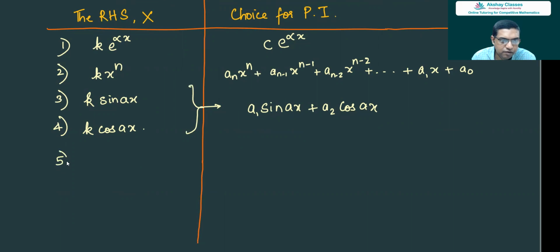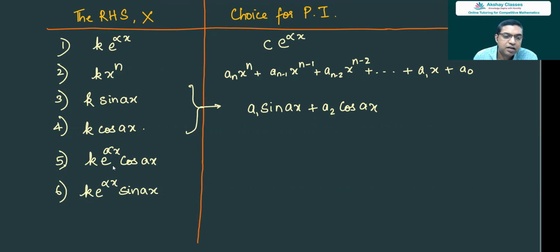Next, if it is k e power alpha x cos ax or k e power alpha x sine ax, so exponential and trigonometric combined. First one was exponential, second one was algebraic, then it was trigonometric. This is exponential and trigonometric as a combination.